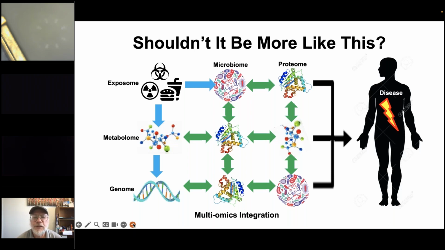The exposome influences the microbiome influences the proteome influences the metabolome, which then influences the microbiome, which also affects the metabolome and the genome. All of them are connected in a network. And that network view is something that I think we as a community, in the metabolomics community, but also others in the proteomics, exposomics, genomics, and microbiome communities, also need to think about.